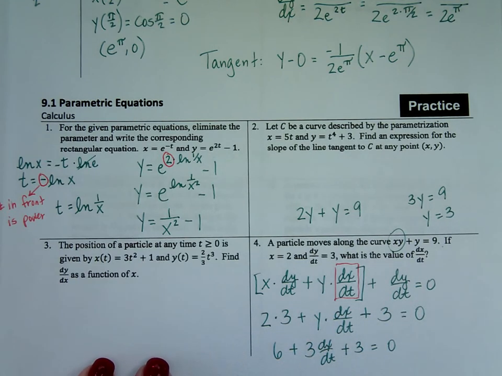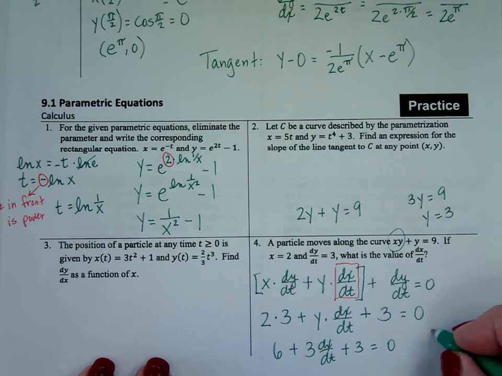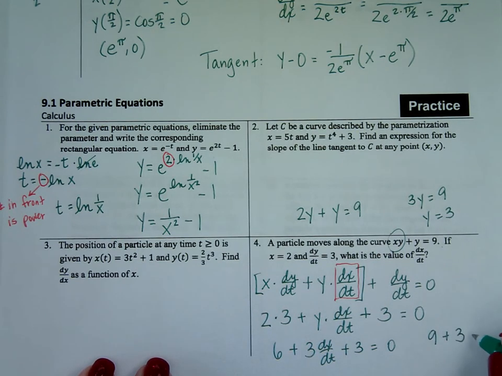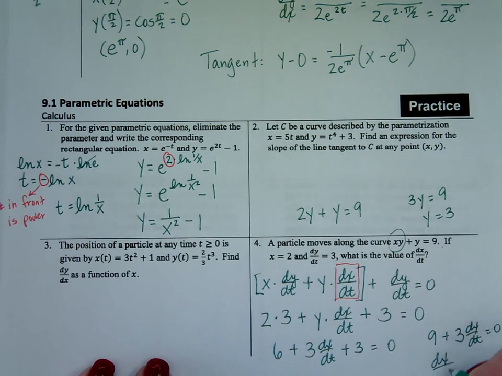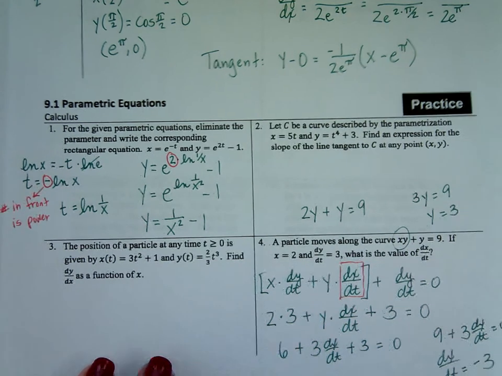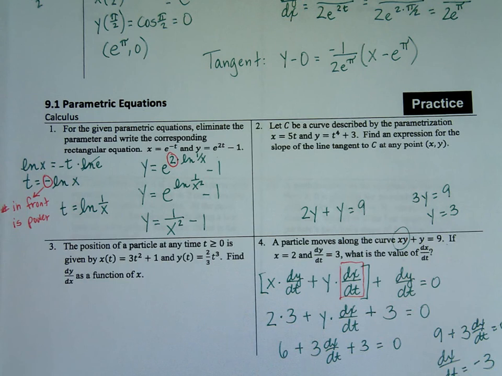I end up with 9 plus 3 dx over dt equals 0. Bring the 9 over, divide by 3. Dx over dt is negative 3. So what makes this one a little different than others is that when we take the derivative implicitly with parametrics of an x term, we need to say that.